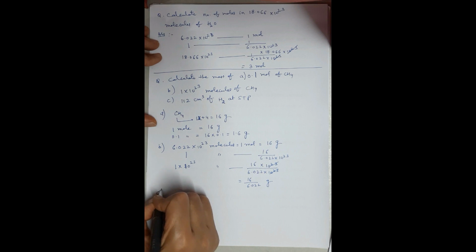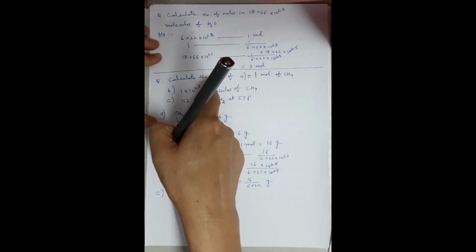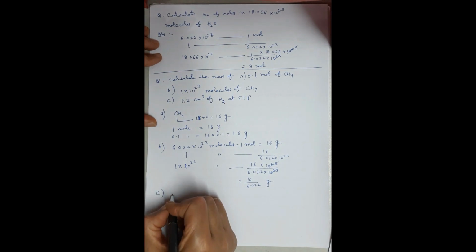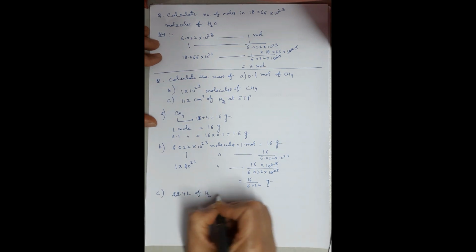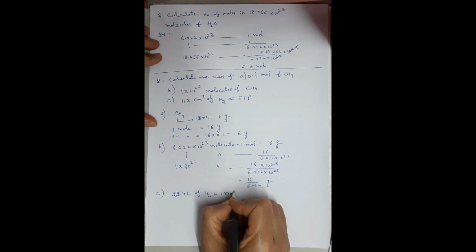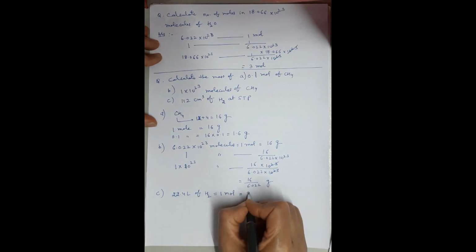For C part, can we relate this volume with the number of moles, and the number of moles can further be converted into mass? So I'll say 22.4 liter of hydrogen gas is equal to 1 mole of hydrogen, which is equal to 2 gram, because we need to find out the mass.